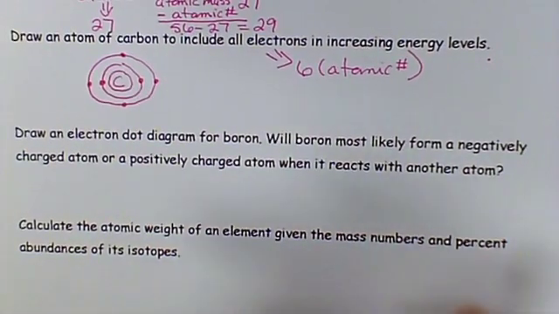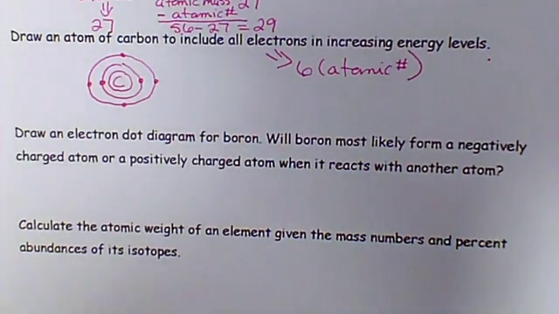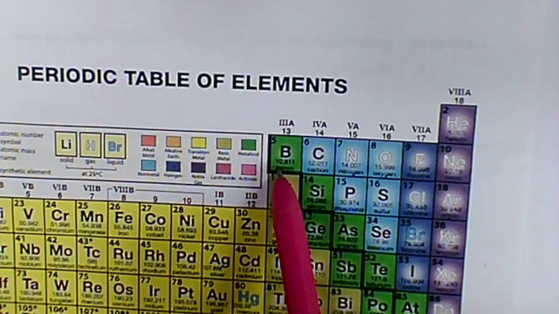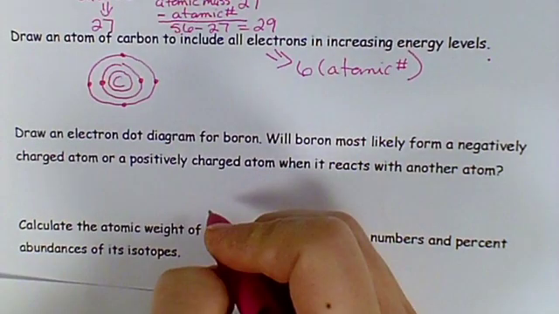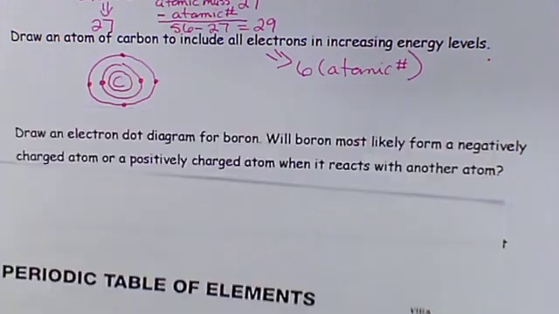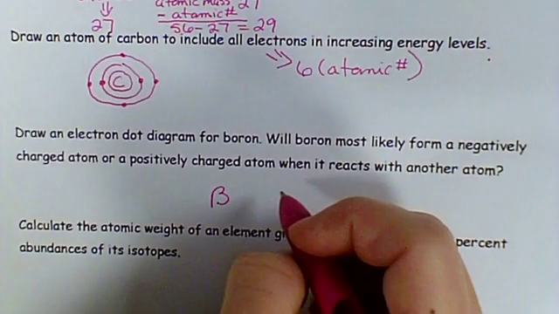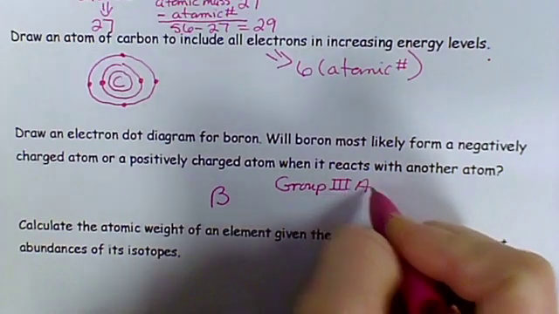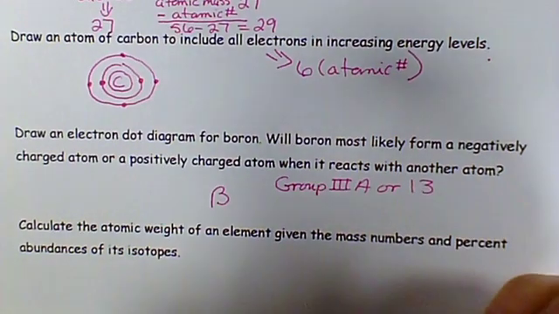Now, let's draw an electron dot diagram for boron. So we look for boron here. It's right here. So we write the symbol for boron, which is just a B. And then we look at what group it's in. It's in group 3A, or it's also 13.